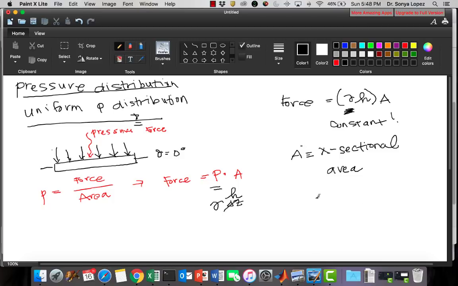So it's going to look like this. Okay? Think 3D, okay? And again, acting onto the face are our pressure distributions. So this is going to be your cross-sectional area, the space here. Okay? All right.